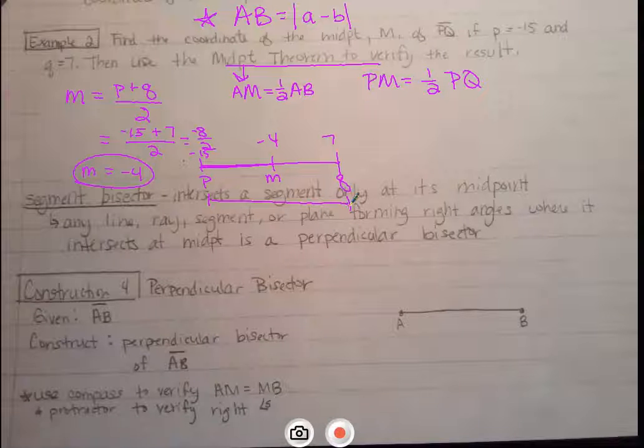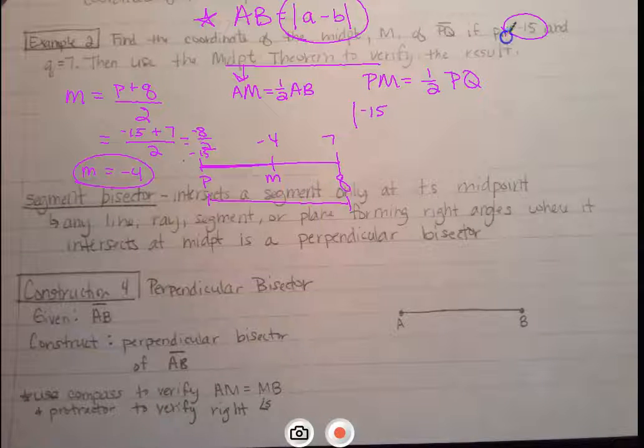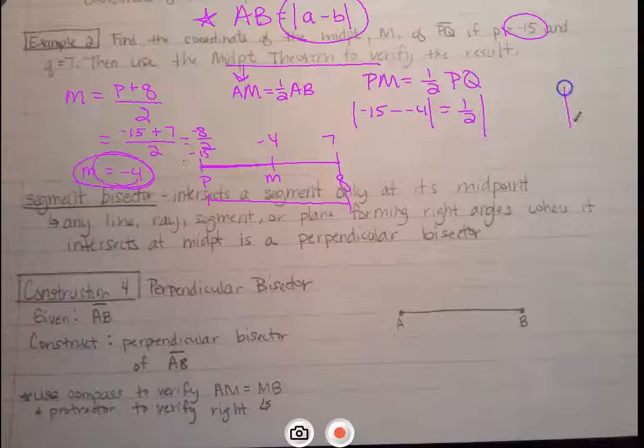But in order to do that, we have to find the distance of PM. So that's the absolute value of A, or P in this case. So the absolute value of P, -15, minus our M value, which is -4. Are we tracking? Thumbs up. Okay. Equals 1/2 our distance of PQ.